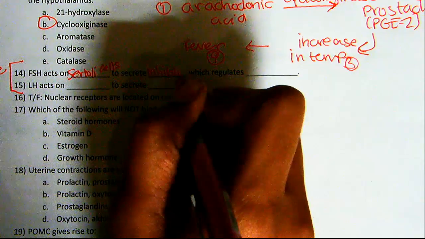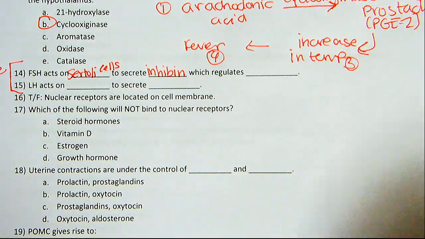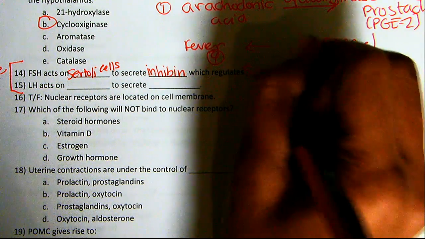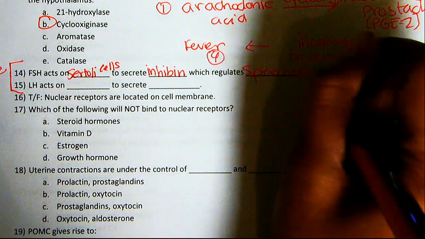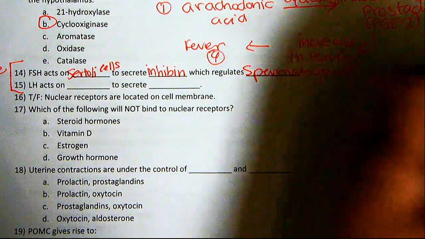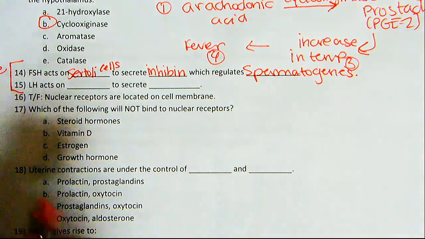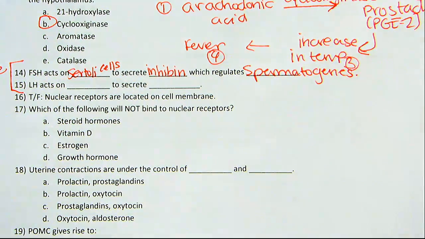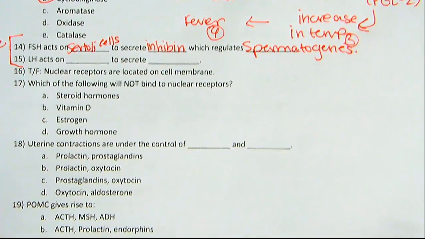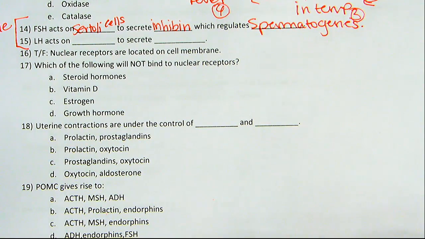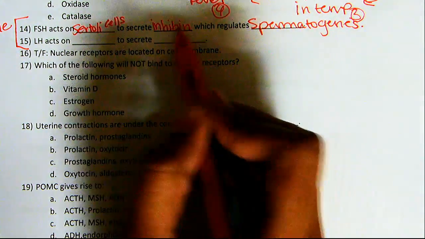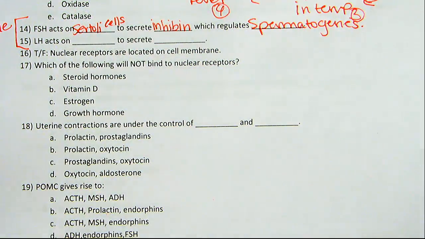Inhibin, right? And then that regulates spermatogenesis. This is occurring in the testes. So inhibin can inhibit FSH by negative feedback if there's too much sperm being produced.